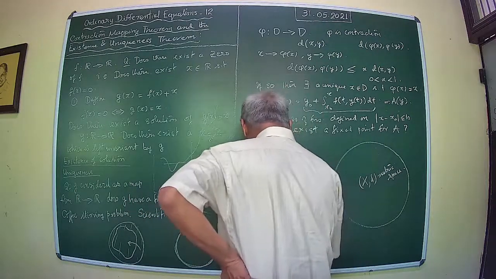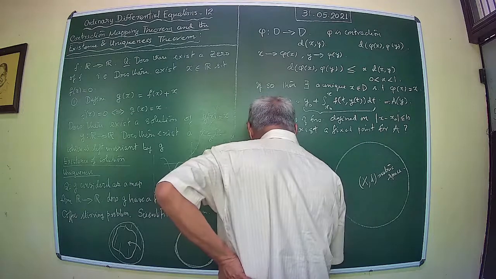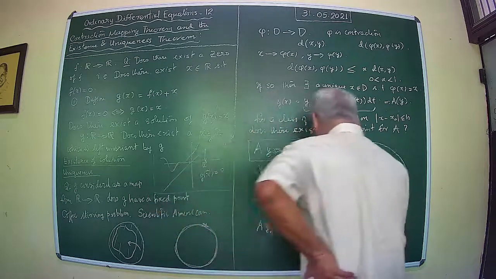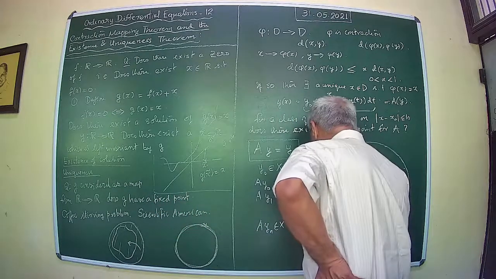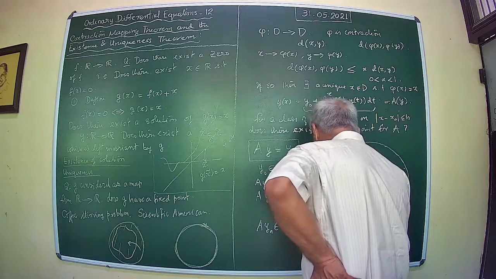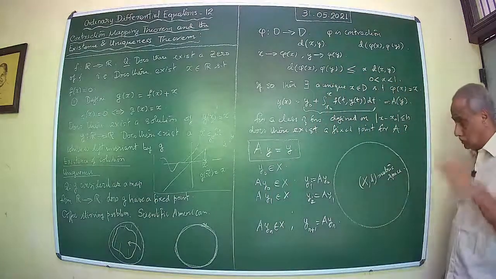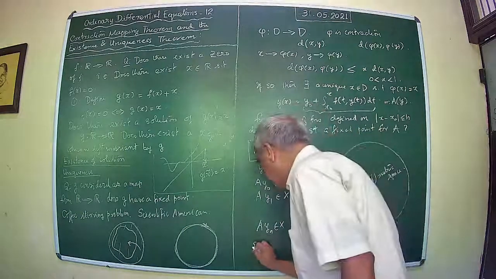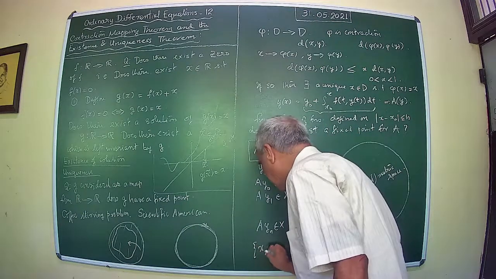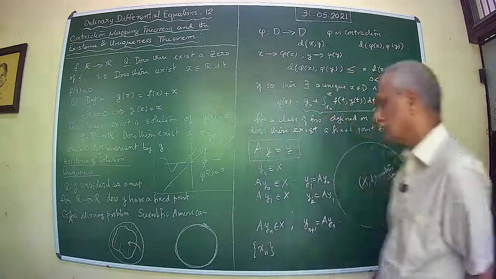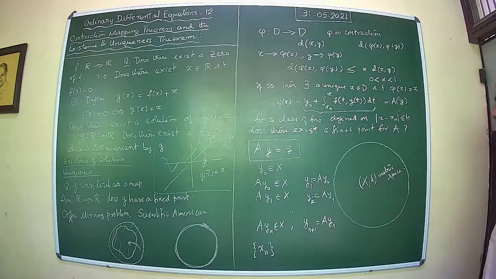So A y n. What do you end up with? You end up with a sequence of points x n.